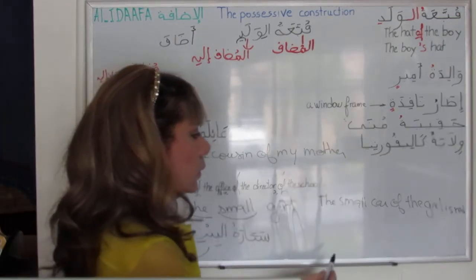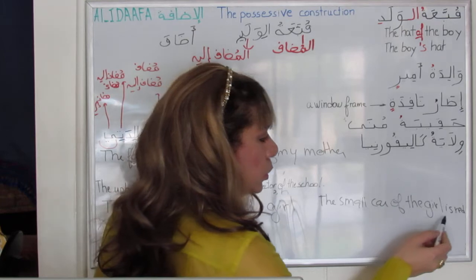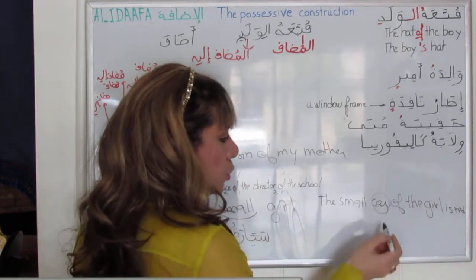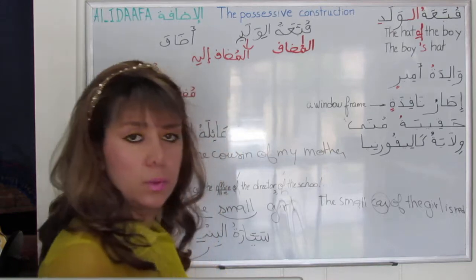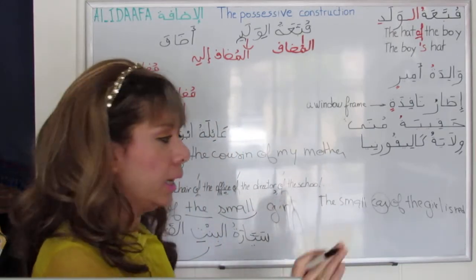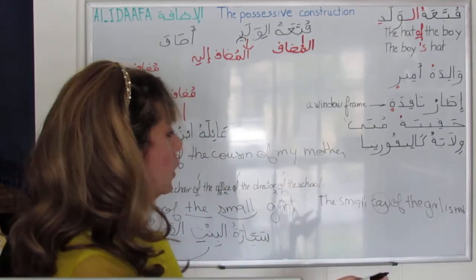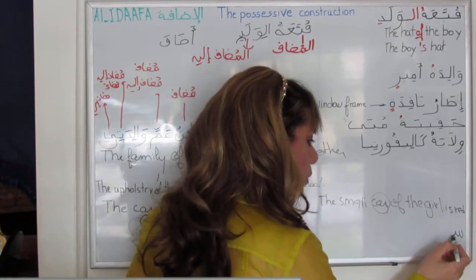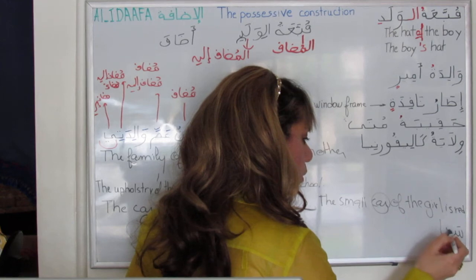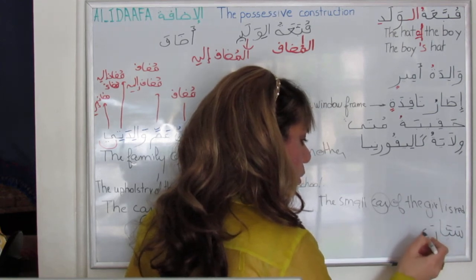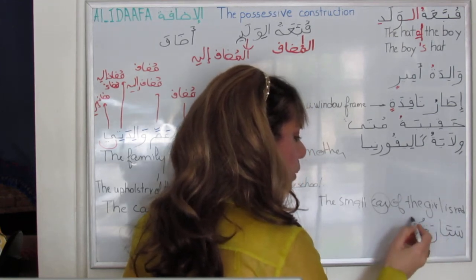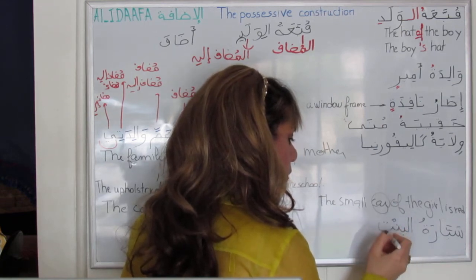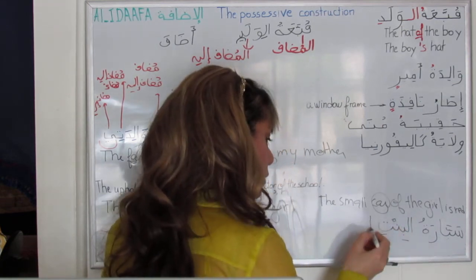Here, the small car of the girl is red. Here there is a description about the first term. So it will come at the end of the construction. So, سيارة البنت الصغيرة.